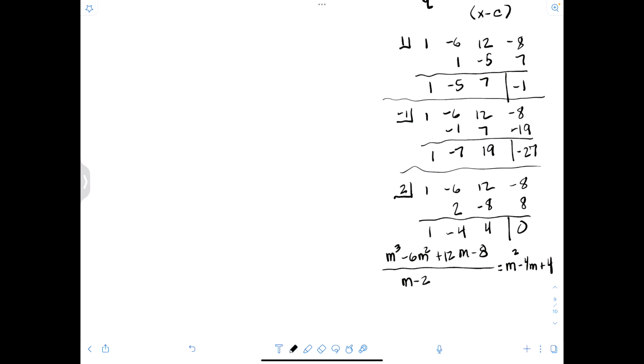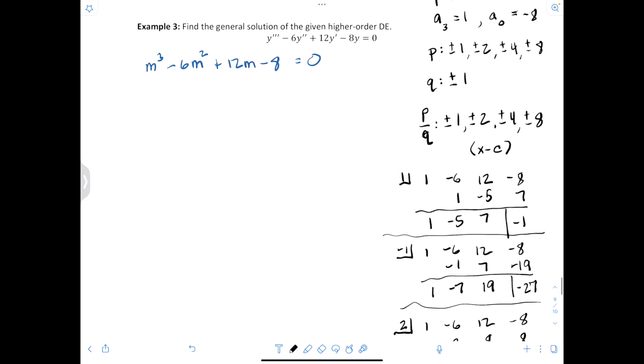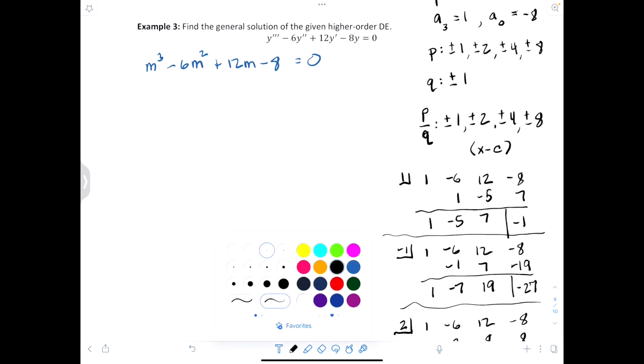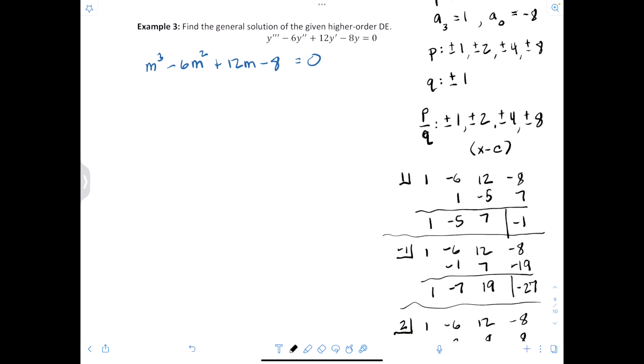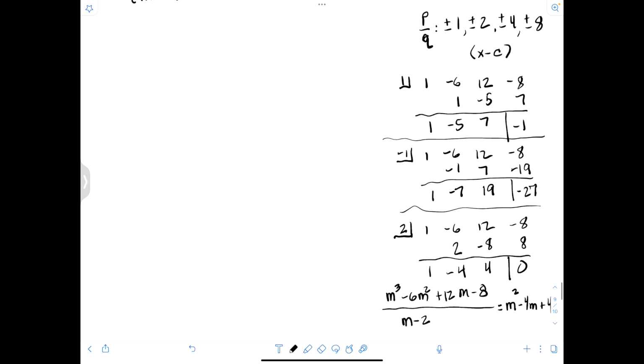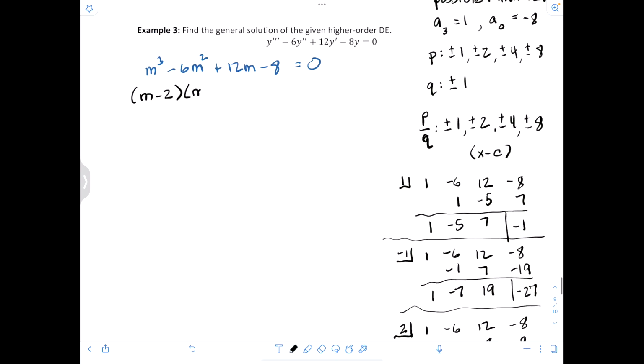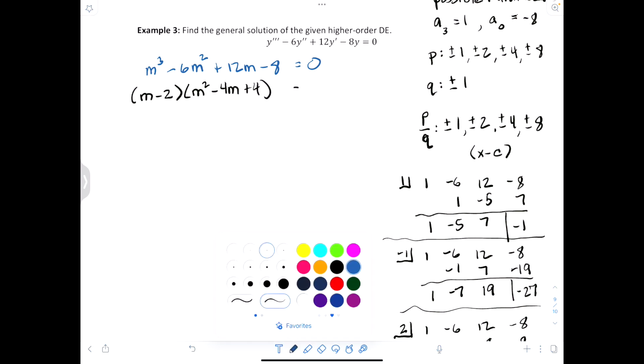Cool? So up here, we can put the factored form that we just found. So we got that this is equal to m minus 2 times m squared minus 4m plus 4. That's going to equal 0.